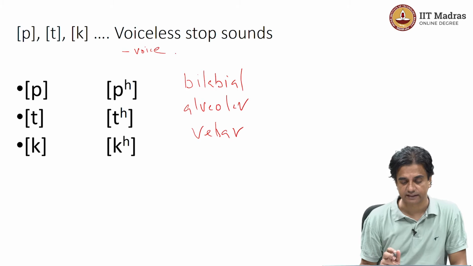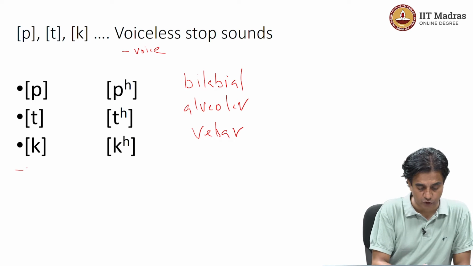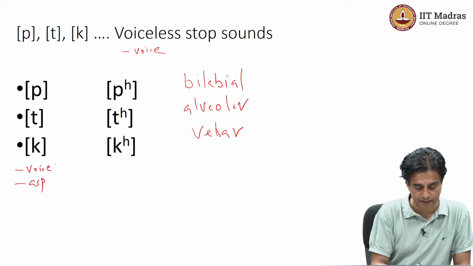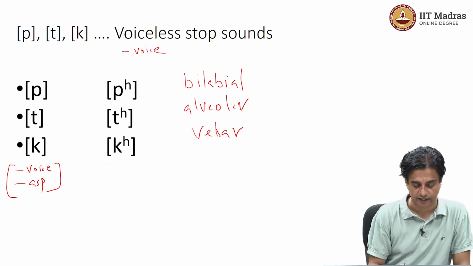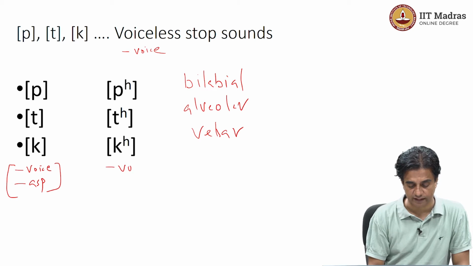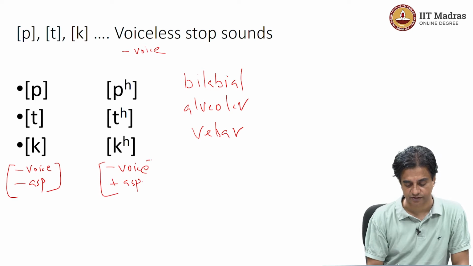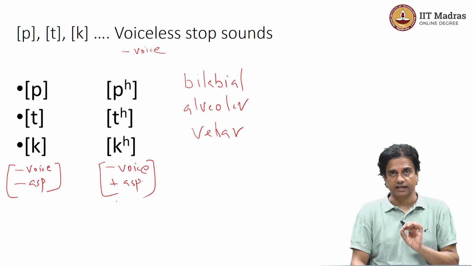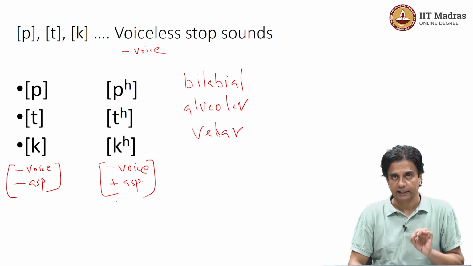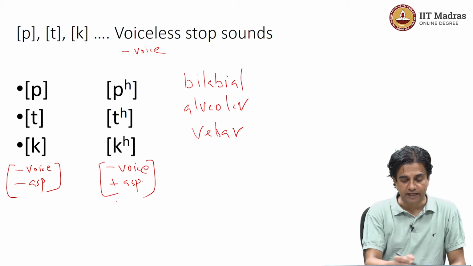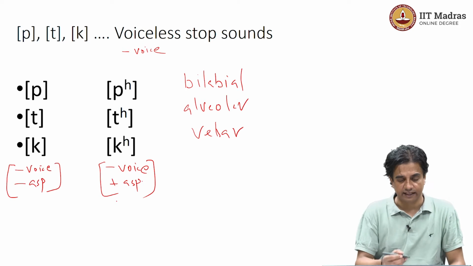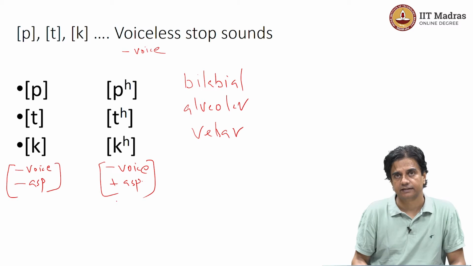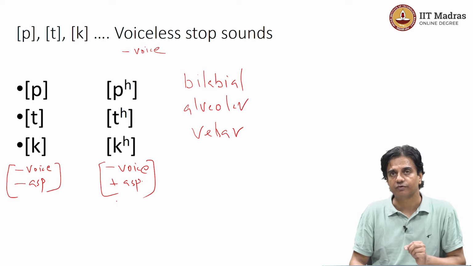There is no voicing. So this is no voice and no aspiration. And this is no voice but plus aspiration. So the point is, some sounds like pa, ta, ka in English words become aspirated at the initial position of a word.